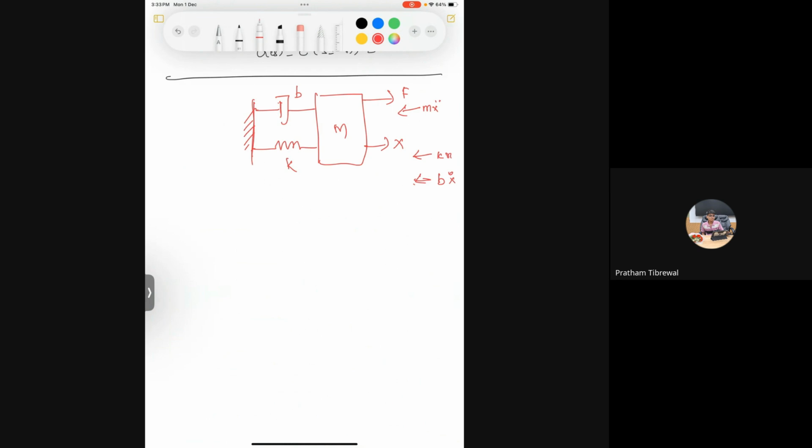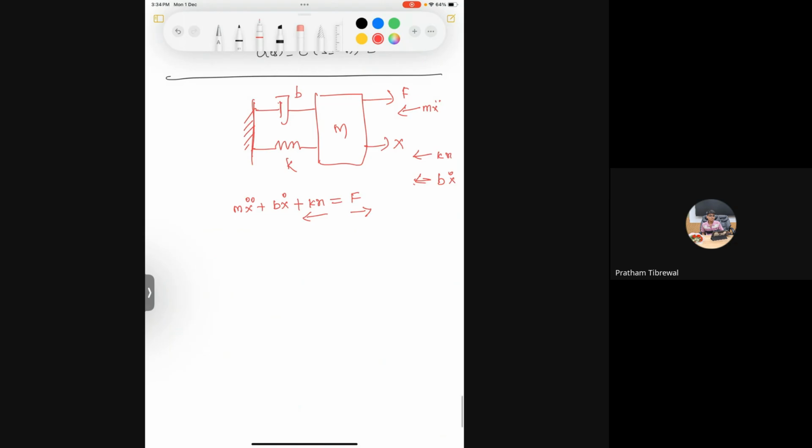So when we want to write this free body diagram, how will you write m x double dot plus b x dot plus k x equal to f? So this all will be in this direction if the force is in this direction. It's opposite to that force, the collection of all the forces that act at each element, acting opposite to the input force. So the differential equation will look like this.